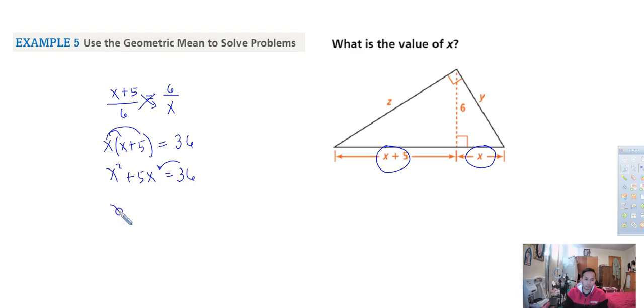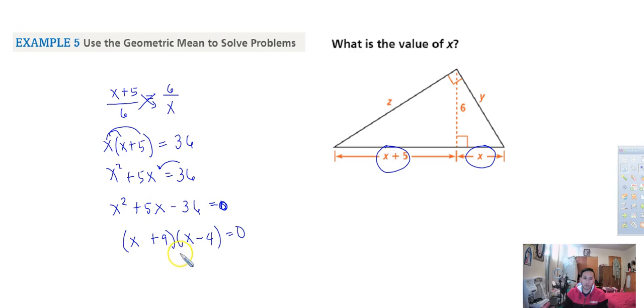And then we bring back 36 there, x squared plus 5x minus 36 is equivalent to 0, using our knowledge on factoring, so we'll factor this one, which will give us x plus 9 times x minus 4 is equal to 0.